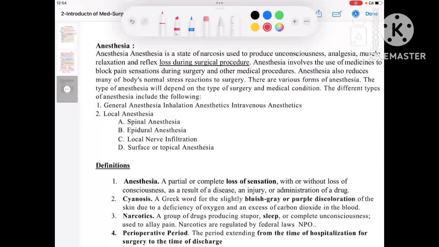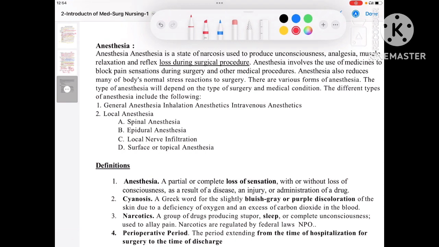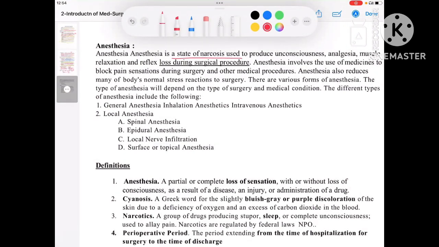Anesthesia is a state of narcosis used to produce unconsciousness, analgesia, muscle relaxation, and reflex loss during the surgical procedure. The patient should be unconscious. Anesthesia involves the use of medicine to block the pain sensation during surgery and other medical procedures.